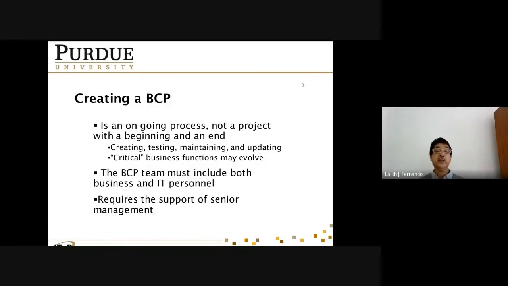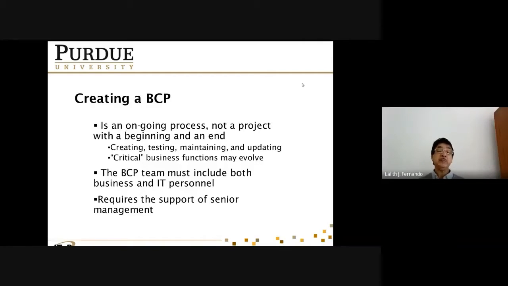You need to look at it as an ongoing process. It is not a project where you can have a beginning and an end. It is an ongoing program, and in the ongoing program, creation, testing, maintenance, and updating are there. So when updates are made, you will have a new plan every day. This is worthwhile and valid, since business functions evolve over time.